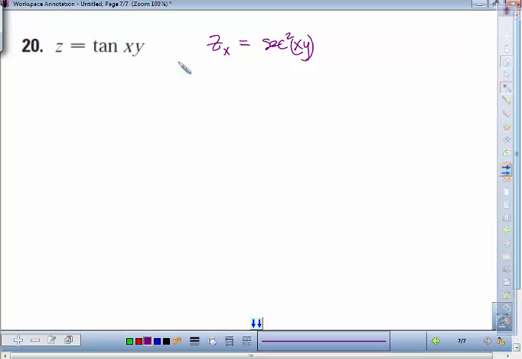And now, since this is a function within a function, we need to take the derivative of the inside. And the derivative of xy with respect to x is y. All right, good. zy is the same thing, essentially, except we're taking the derivative with respect to y, which will give us an x on the outside.